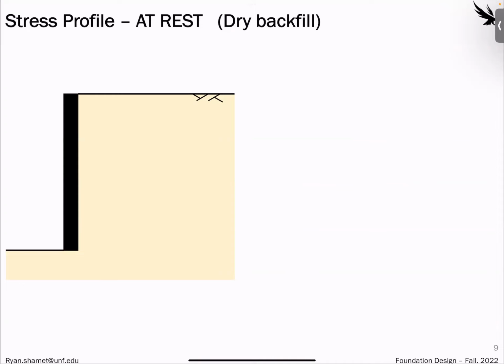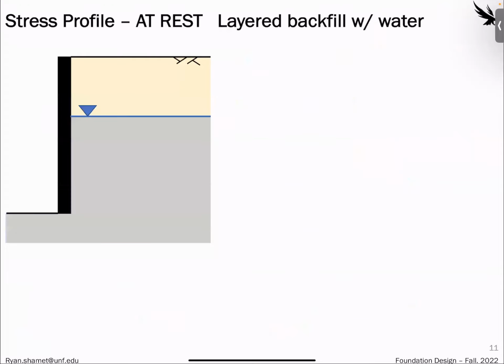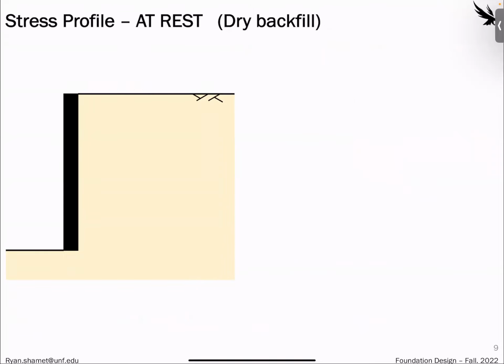So these are at-rest conditions for a dry backfill. As I mentioned before, if this had a height h, we know right here we would have sigma naught and a sigma h.